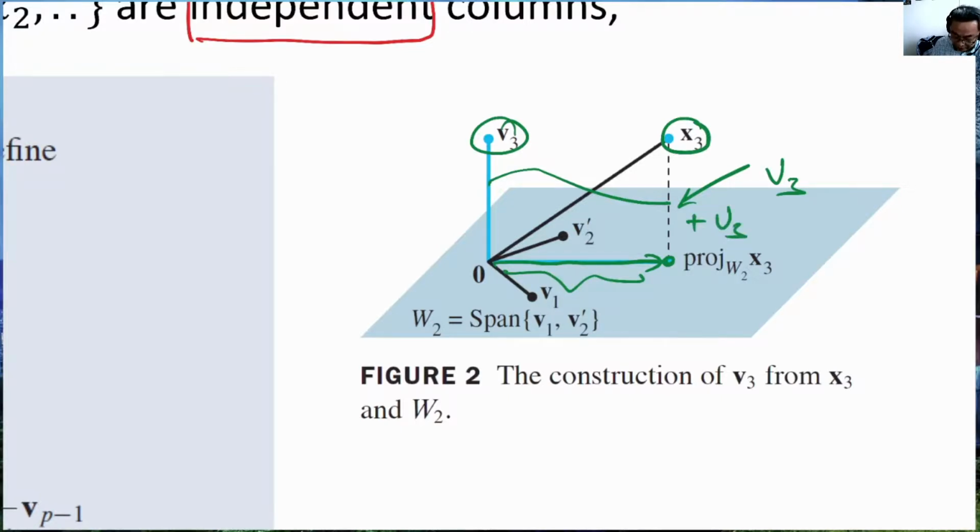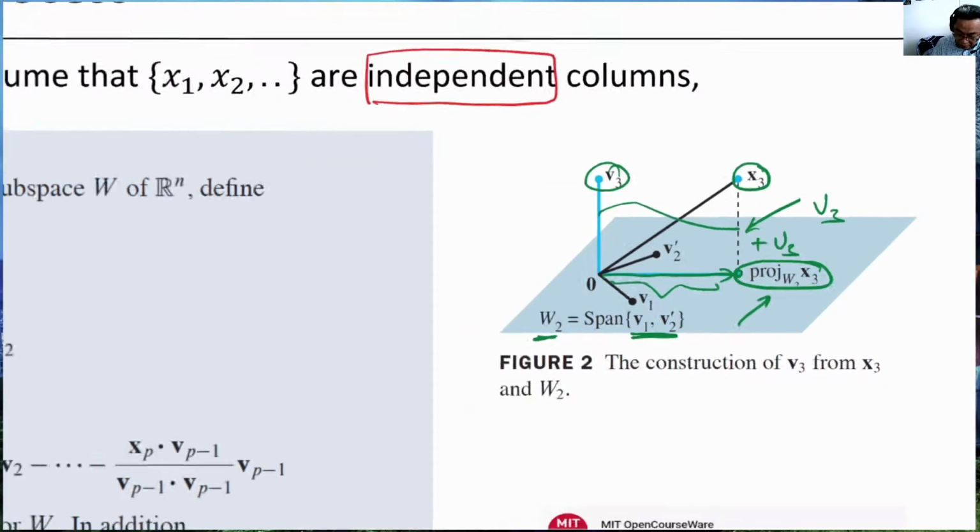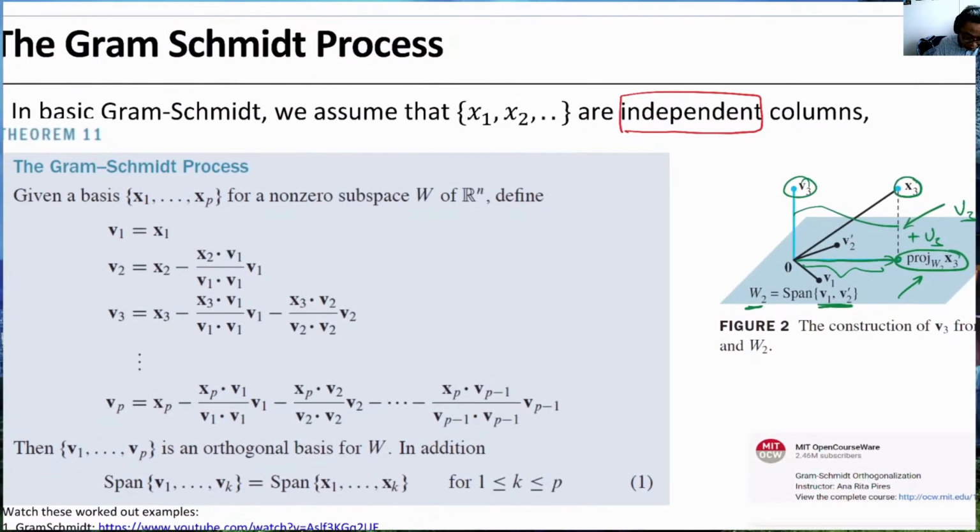That's the idea. But how to find this vector closest to x3 in the space of the first two columns, or in the space of W2 in this example, is this equation called the projection of x3 onto W2. What is the projection of x3 onto W2? It is nothing but these two terms adding up.